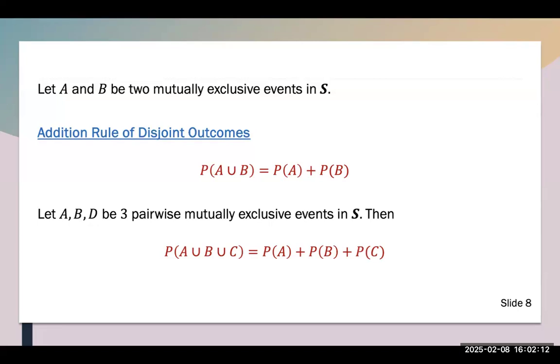If they're all mutually exclusive, nobody has anything in common with another event, then whenever you have an or, it just becomes an addition on the outside of probability. So the probability of A or B or C is the probability of A plus the probability of B plus the probability of C.